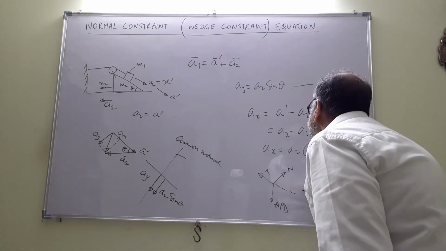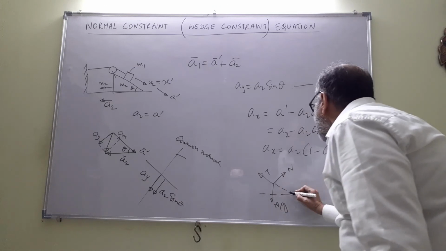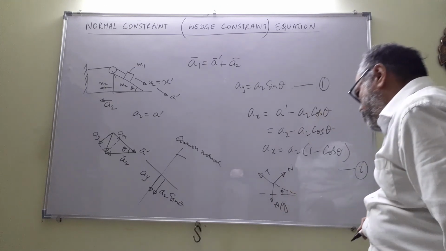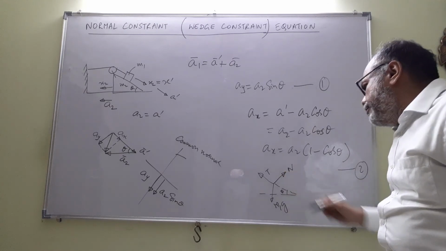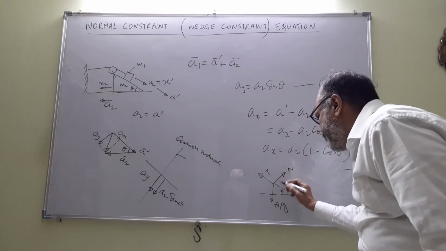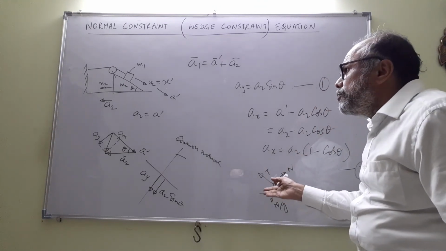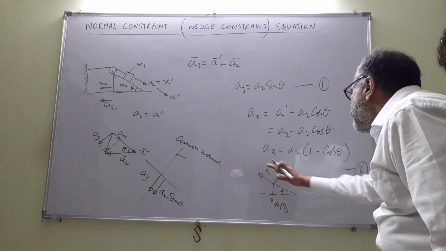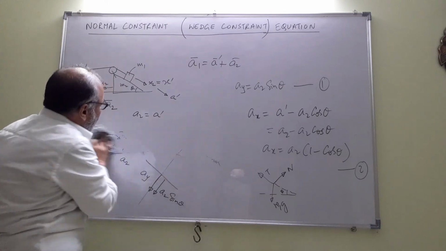That would be the free body diagram for 1: m1g, N and T. So we can find the components along the x direction and along the y direction. Let's find that.